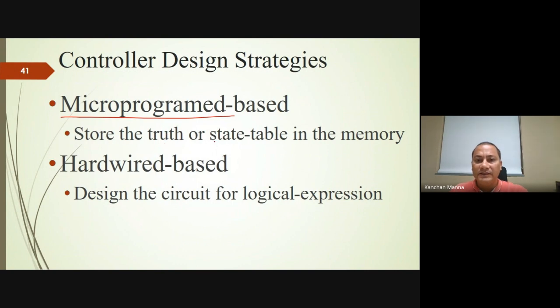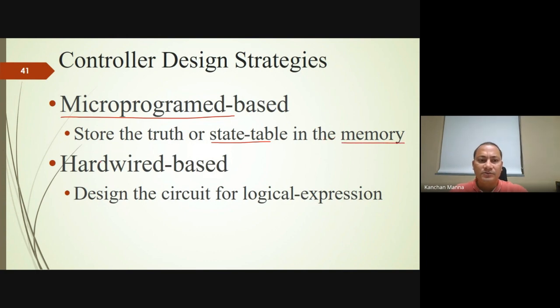In this multi-cycle one, that table would be the state table. We'll also store the state table in memory and fetch the control words one after another. That is the memory-based approach.